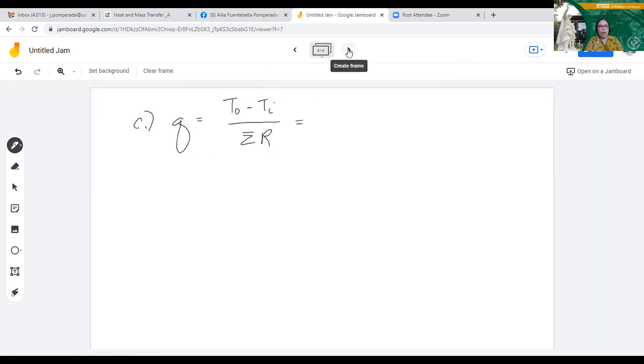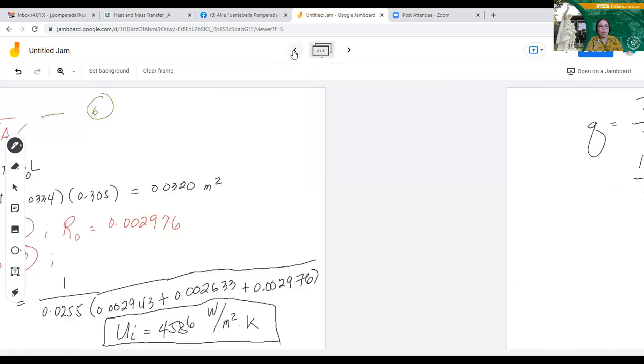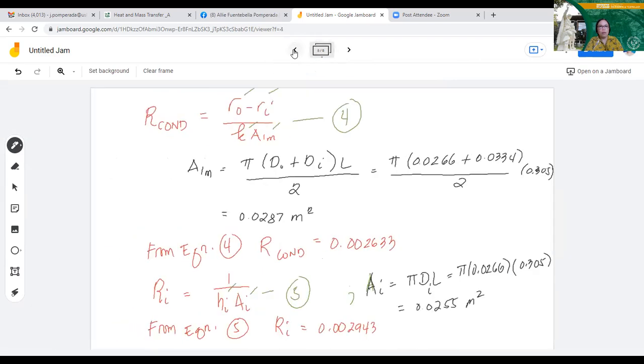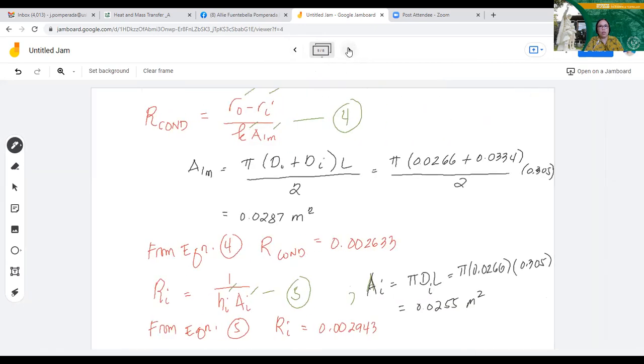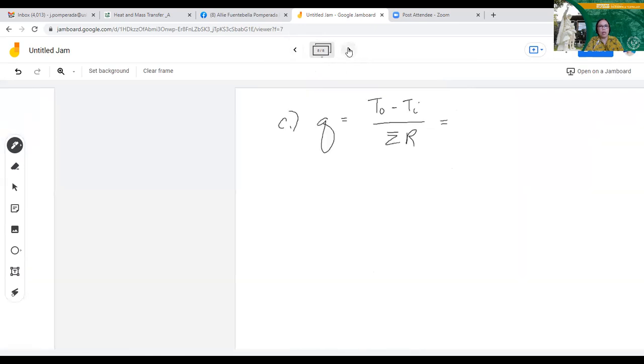The U sub i. Where is the U sub i formula, by the way? Where we get this one. Okay, Q equals UA, also this one. So we can use that one. Anyway, they will be the same.